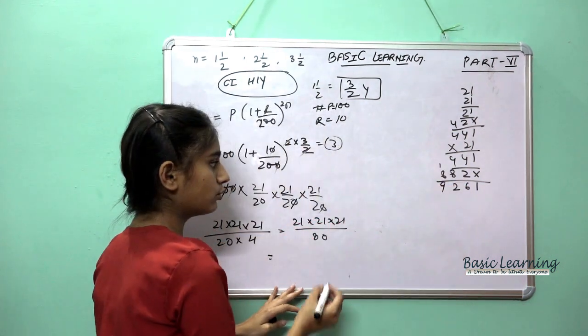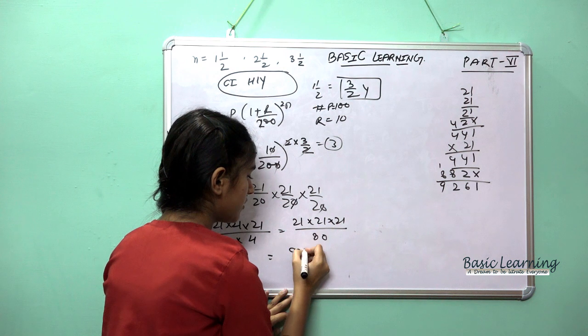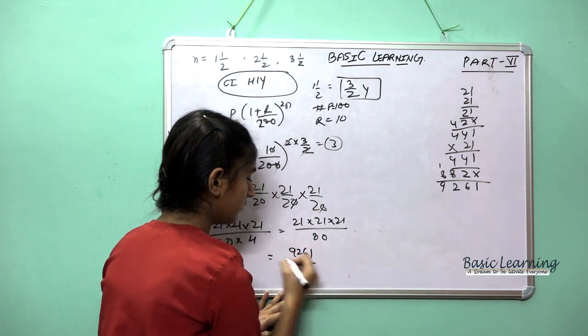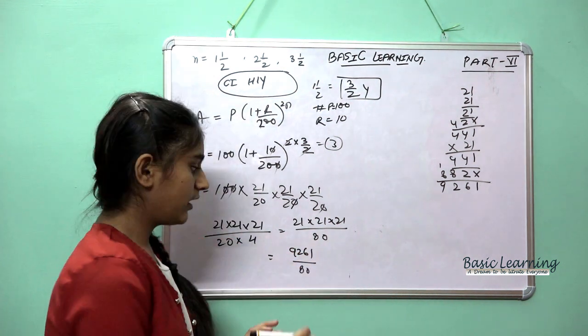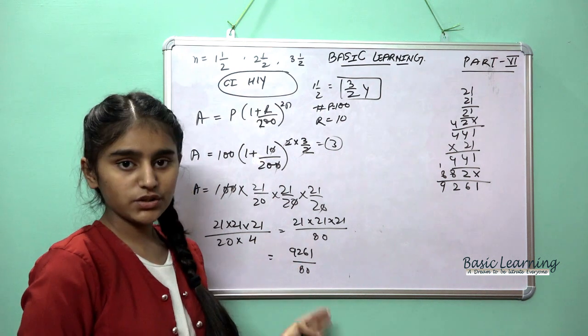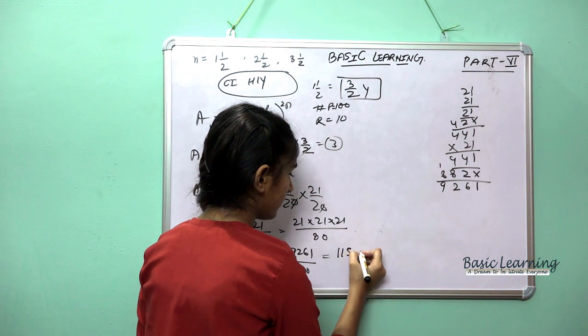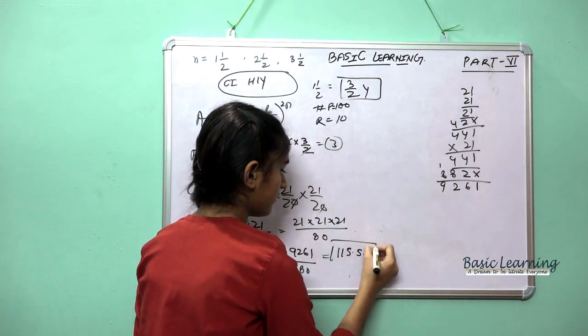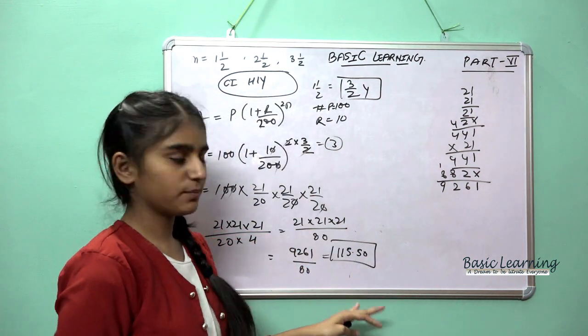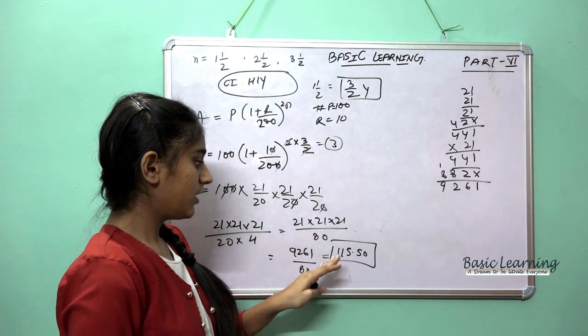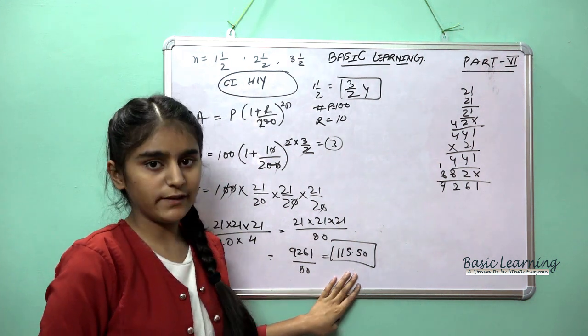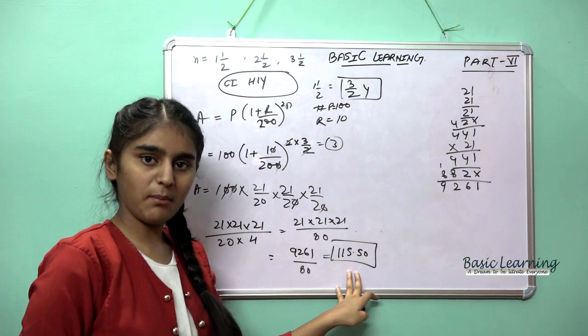This is 9261. 9261 upon 80. Now by doing the calculation we get, you can do the calculation part, the answer 115.50. This is the amount.